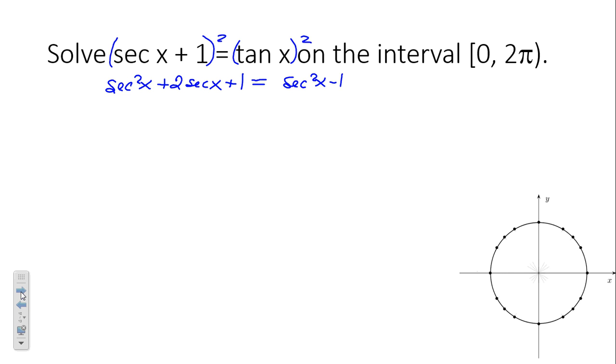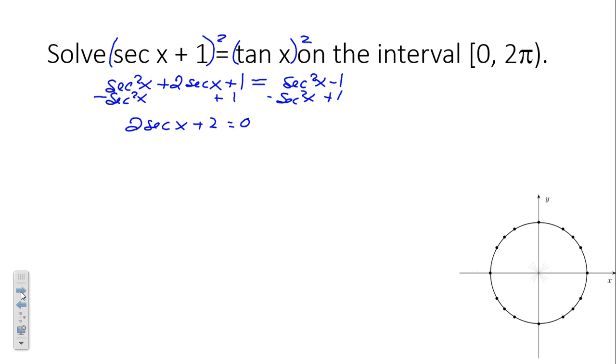So when we take secant squared to this side, we'll get nothing, right? And when we add the 1 to both sides, we'll have 2 times the secant of x plus 2 equals 0. I guess we could have taken the 1 to the other side.